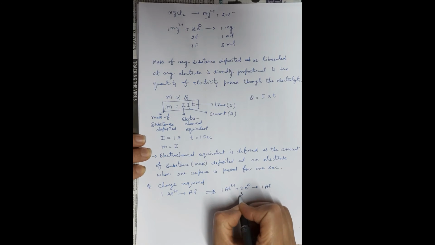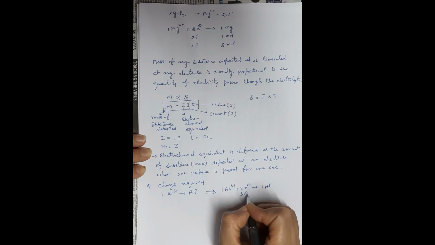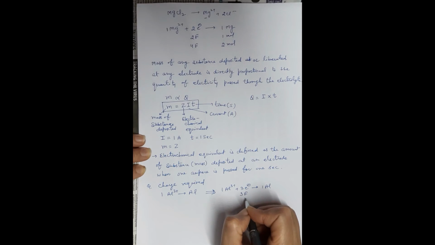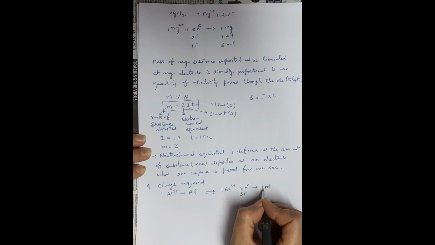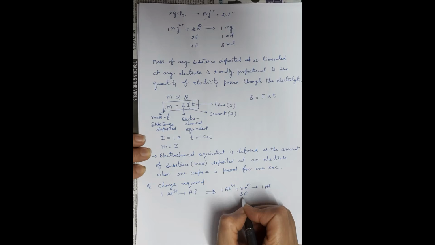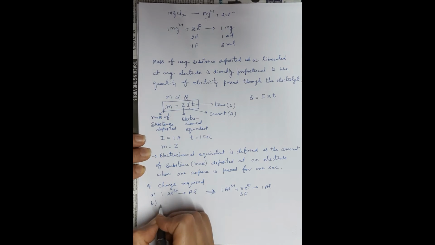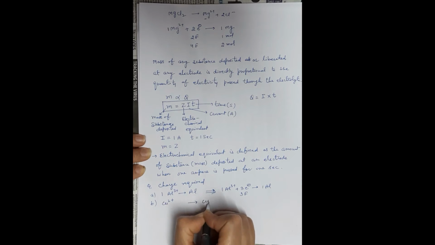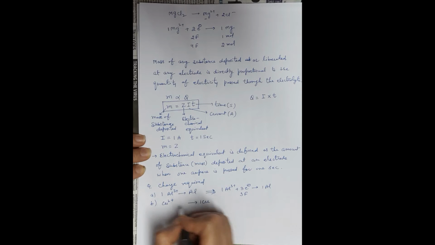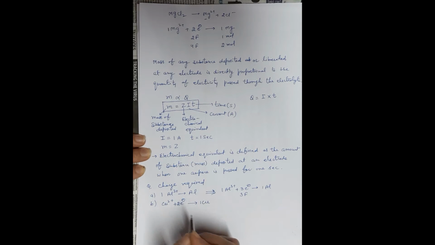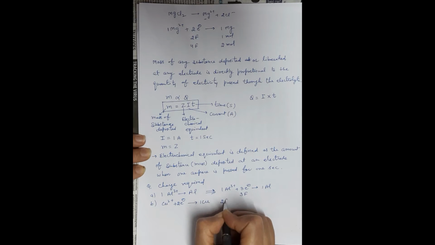So I'll say 3 Faraday of charge. 3 Faraday of charge is present on 3 moles of electrons. 1 mole of electronic charge is 96500 coulomb, which is equal to 1 Faraday. So 1 mole of aluminium will be produced when you pass 3 Faraday of charge. Second part is 1 mole of copper ions, how will they be converted to 1 mole of copper? Naturally by passing 2 Faraday of electronic charge. So 2 Faraday is the answer for this.